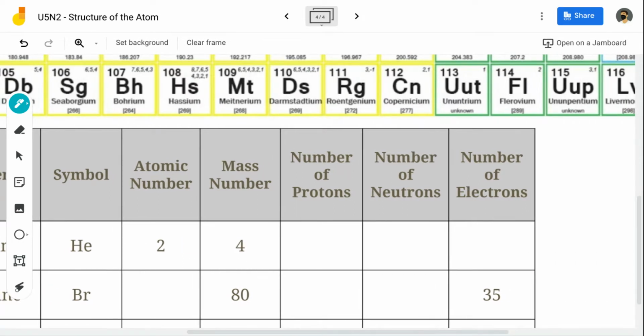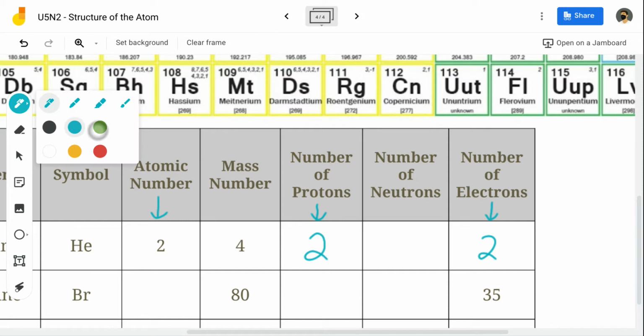For the number of protons, we are going to match that to the atomic number because that's what the atomic number represents. It's the number of protons. We are also going to match that for the number of electrons today. And later in the unit, we'll talk about ions, where the electrons and the protons might not match, but today they will be the same as the atomic number.